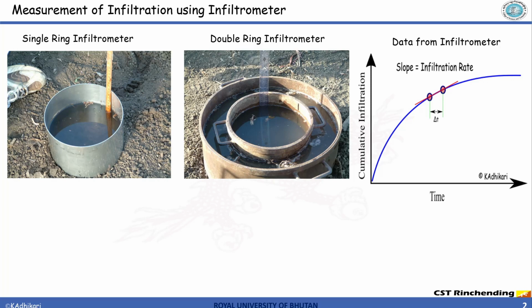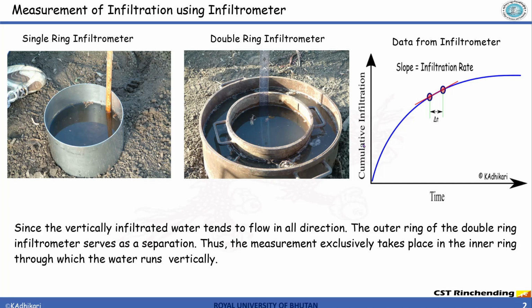That is in fact the slope of that curve that you see here. The slope of this curve represents the infiltration rate. Horton's equation represents the infiltration rate at different times. Kostyakov equation gives us the cumulative infiltration. So that's the difference here.